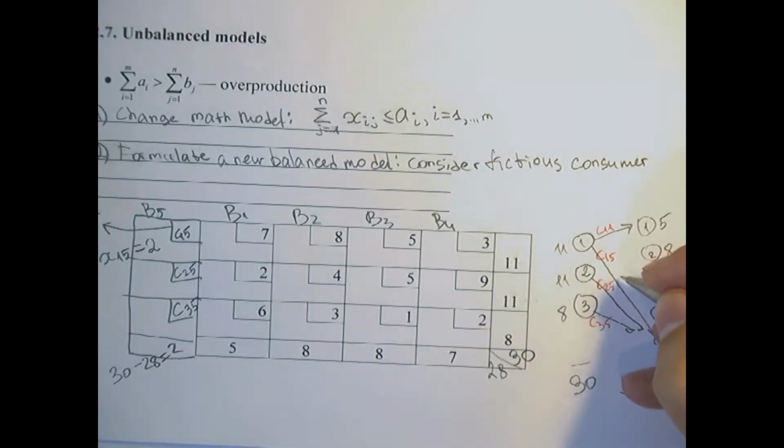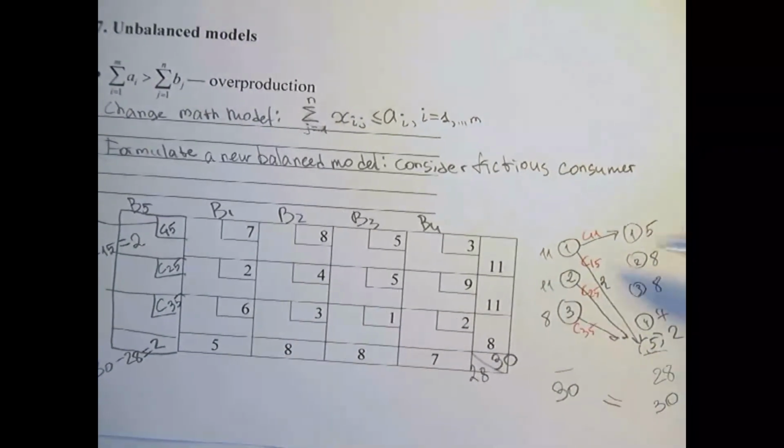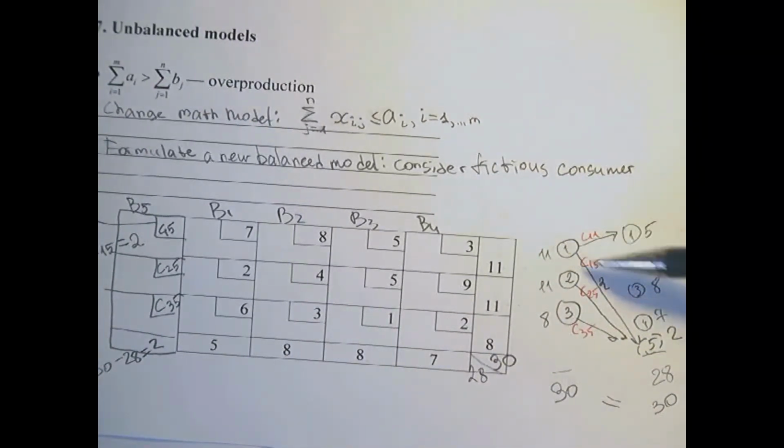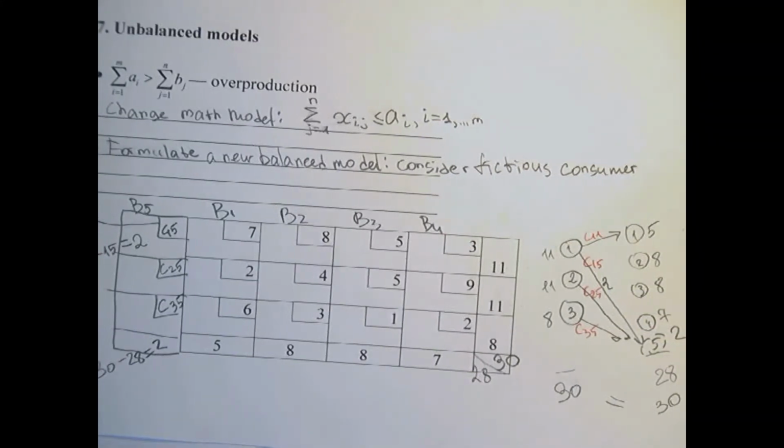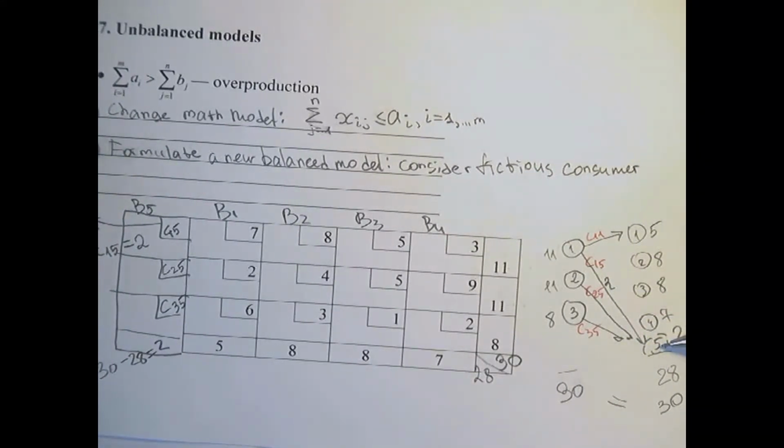So it seems that we deliver from the first supplier to the fifth customer 2 boxes of chocolate. But the fifth customer is fictitious. What does it mean, these 2 chocoboxes? What should we do with them in reality?